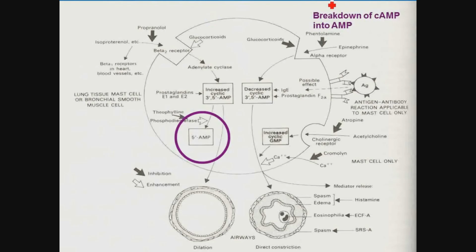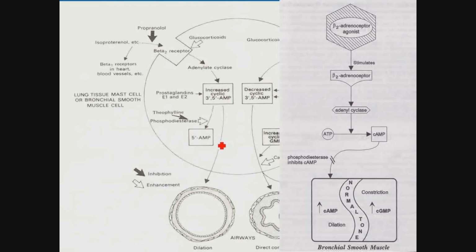And again, we talked about how that cyclic AMP is broken down into AMP, and anything that we can do to block that breaking down will end up having bronchodilation. Now, this is a simplified method that I would probably focus on because it's not as jumbled up. But I have my beta adrenergic agonist, so say my albuterol.